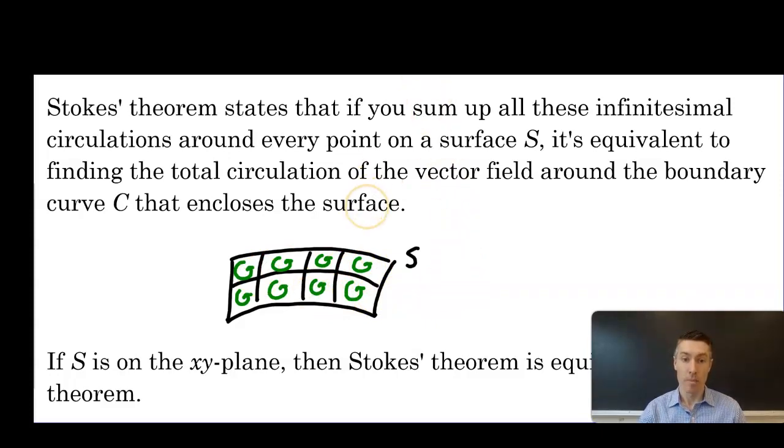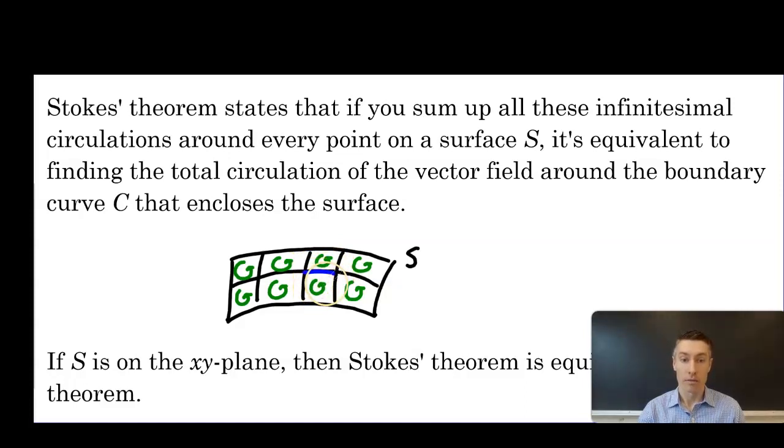Somehow we have to show that summing all of these up is equivalent to just looking at the vector field around the boundary curve. Well, let's highlight an adjacent side of 2 infinitesimally small regions. In the top region, that counterclockwise circulation is going to go from left to right along that little edge of the region.